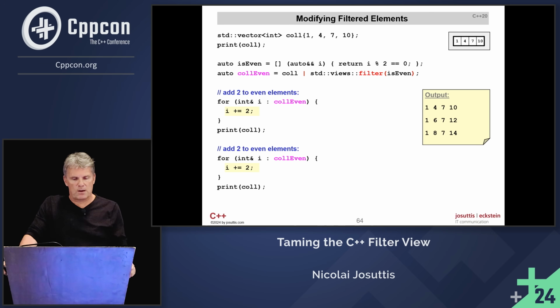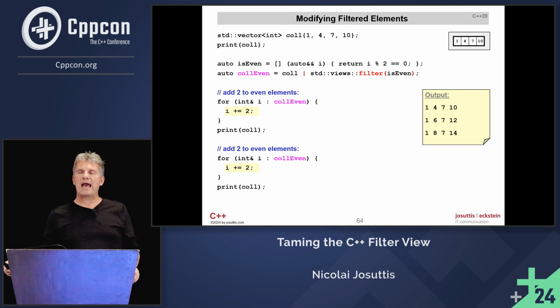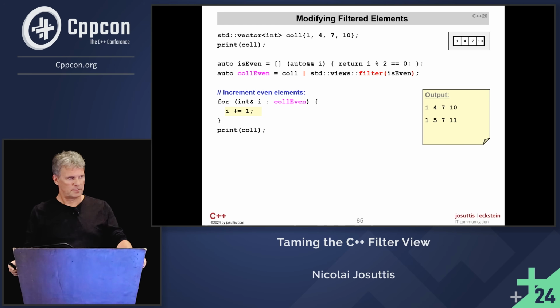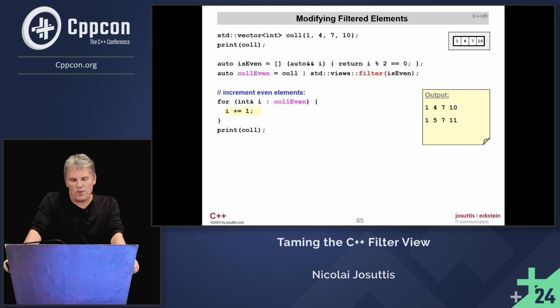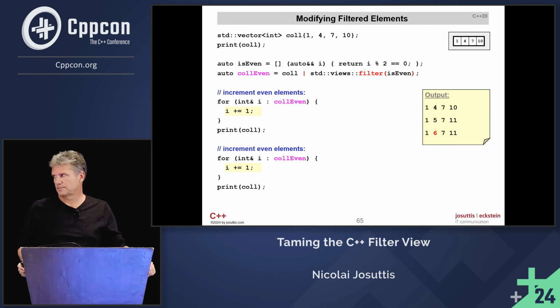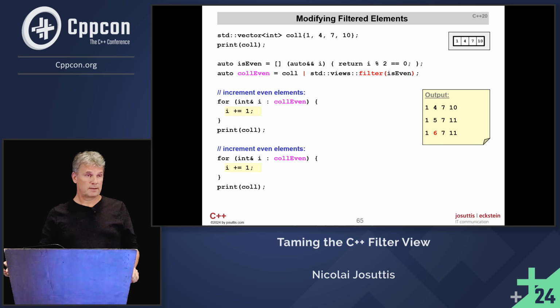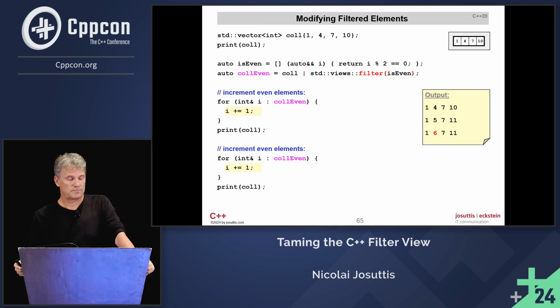Good. Now let's change this example a little bit. Let's not add 2, let's add 1. Now, the first iteration works fine, but the second one has an interesting outcome. Because we cache begin in the first call.